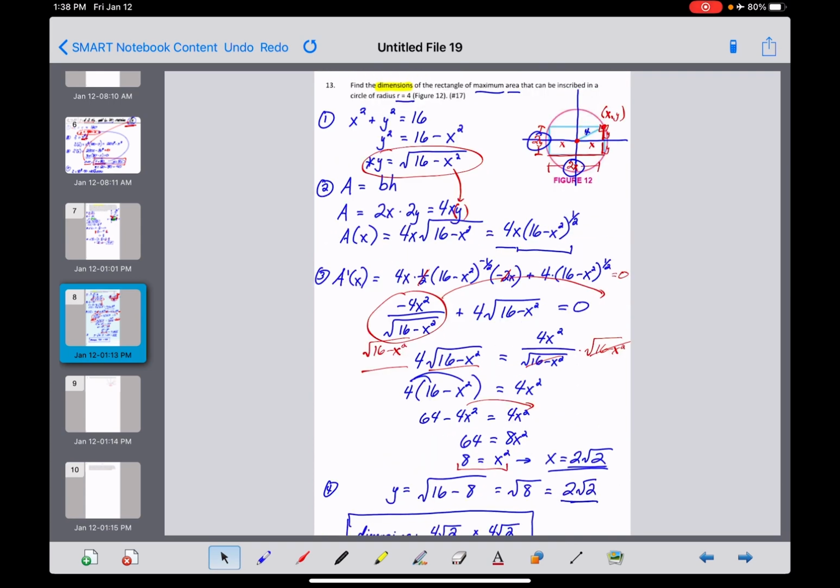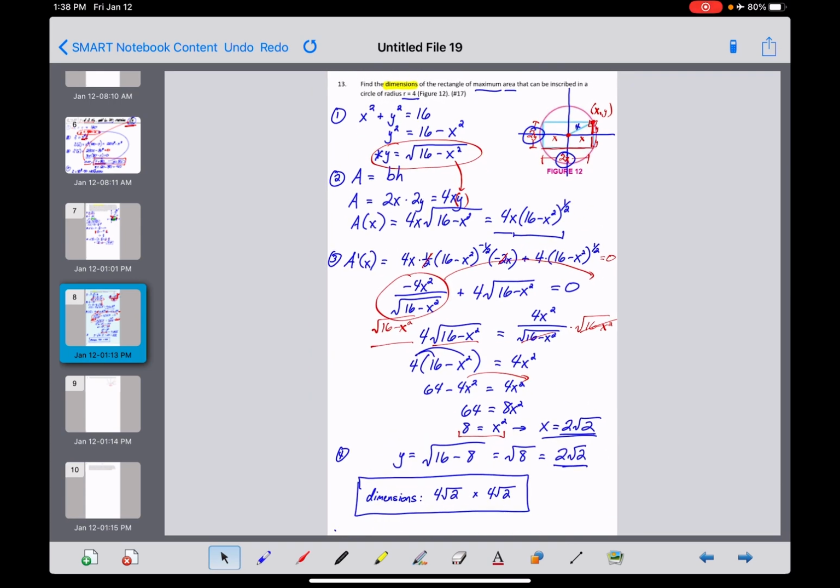They asked for the dimensions of the rectangle that would give you the maximum possible area, and those are the dimensions. If they wanted the actual area, you would just multiply these two quantities together here. 4 times 4 would be 16. Root 2 times root 2 is 2, and we'd end up with 32 square units for the maximum possible area of this rectangle. But again, they just wanted the dimensions, so that's our answer there for number 13.